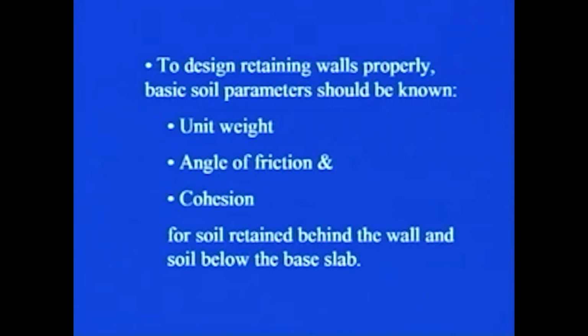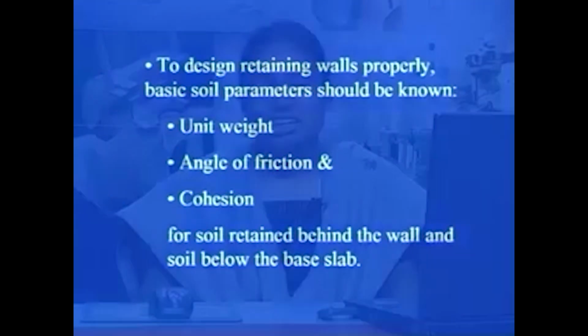For the soil which is to be retained, which is lying behind the wall and which is below the base slab. Many a times these two soils, that is the backfill soil and the soil which is lying below the base slab, are the same, but in case they are different, we need to take into account that difference and the different properties of these different types of soils.